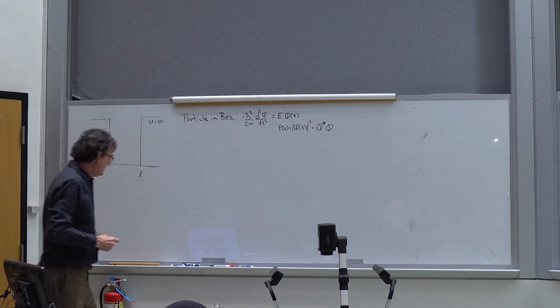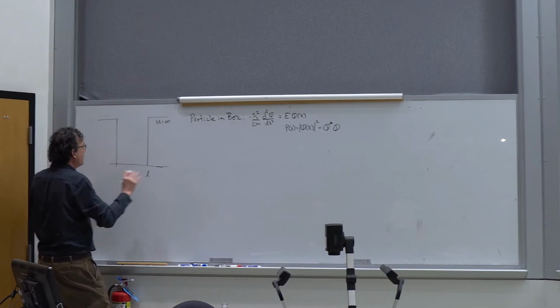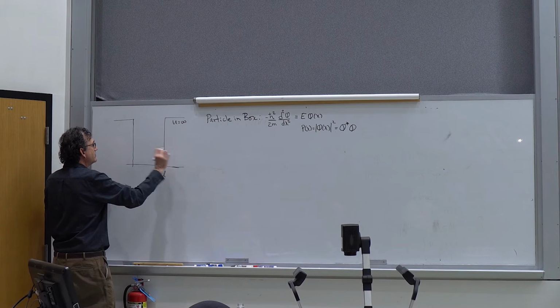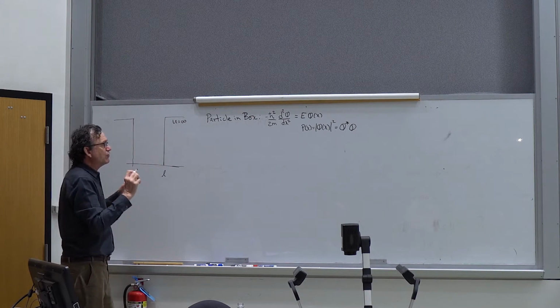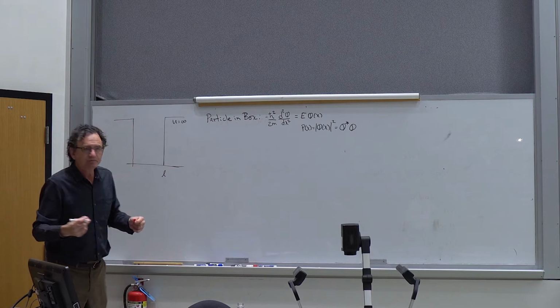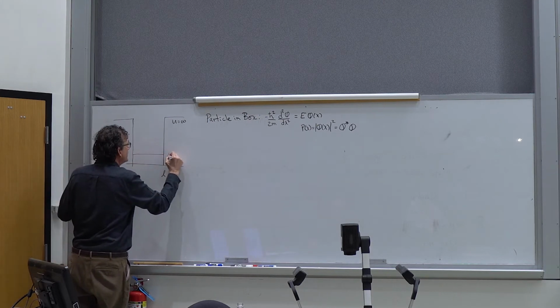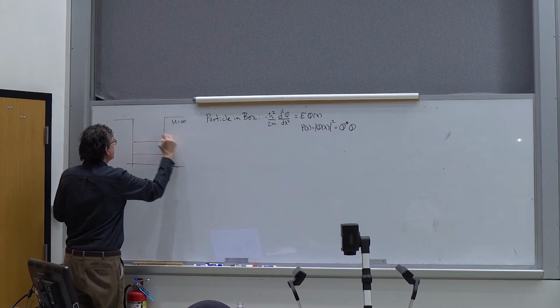So the result that we got was that if we require that a particle be constrained to bounce around in this box with some definite energies, then there are only discrete energies that are allowed. And the energy levels that are allowed, which we'll call this one E1, and then we'll call this one E2, and we'll call this one E3, etc., right?